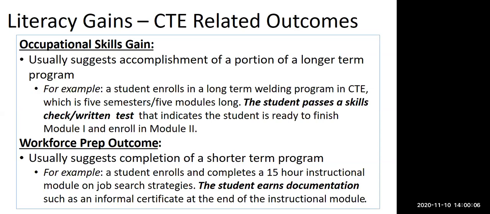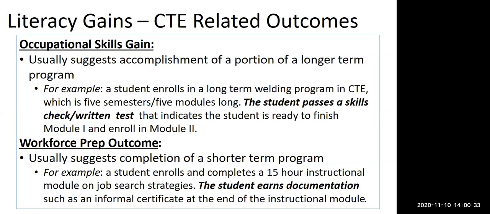When we first brought it up, it caused lots and lots of confusion. So what we say is, use occupational skills gain if you're recording a partial accomplishment of a long-term program, whereas workforce prep milestones suggest full completion of a shorter-term program.